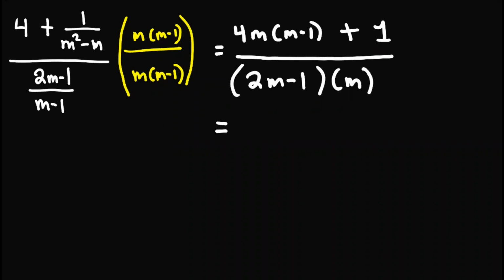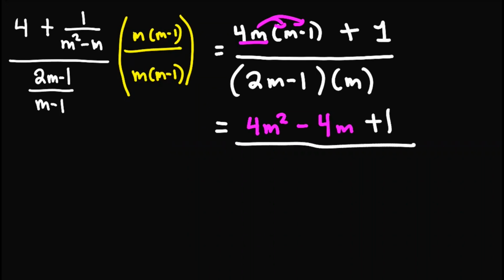So simplifying the numerator, we'll multiply this 4m out here. So the numerator will have 4m squared minus 4m plus 1 over 2m minus 1 times m.